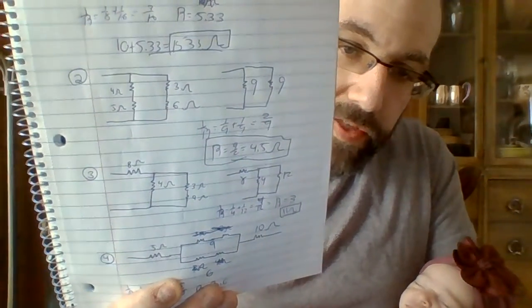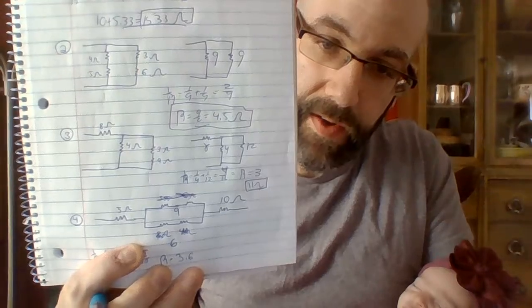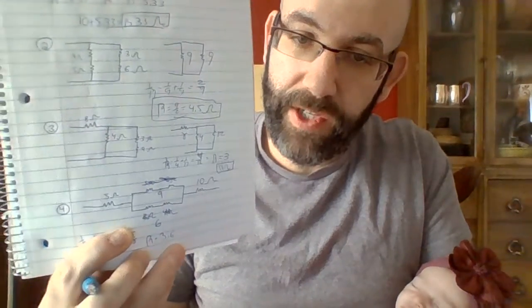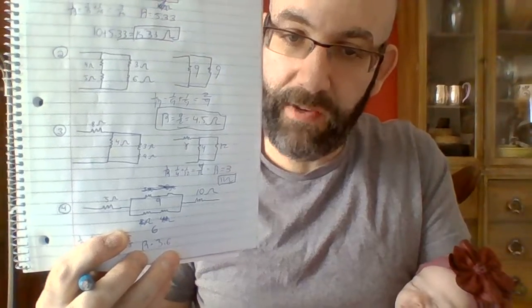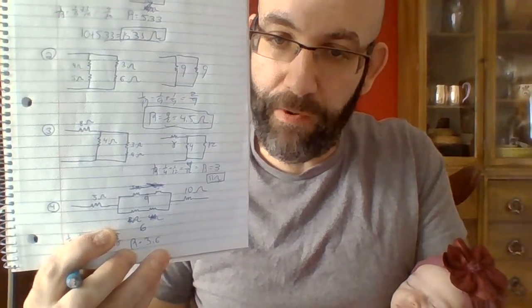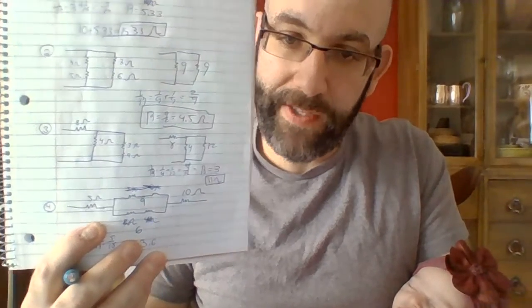So the 9 and 6 have combined to form this 3.6. Now the 5 ohm resistor, the 10 ohm resistor, and this new 3.6 resistor are all wired in series. To find the total resistance, it would be 5 plus 3.6 plus the far 10, and we get 18.6. So the final answer to number 4 is 18.6 ohms.